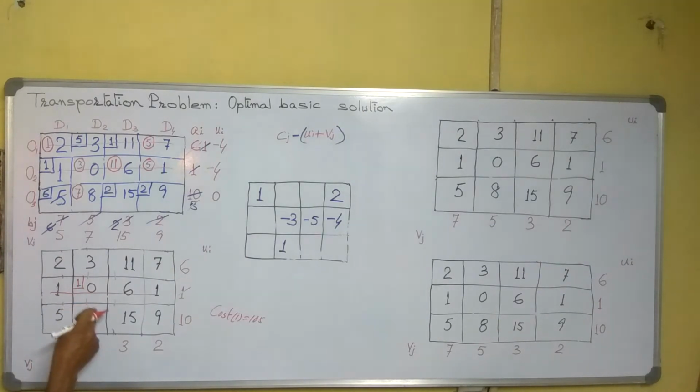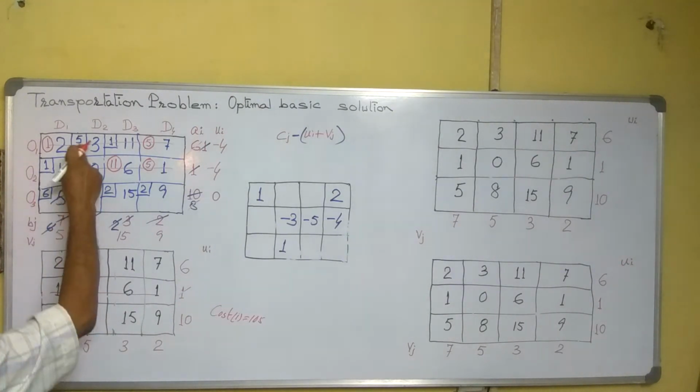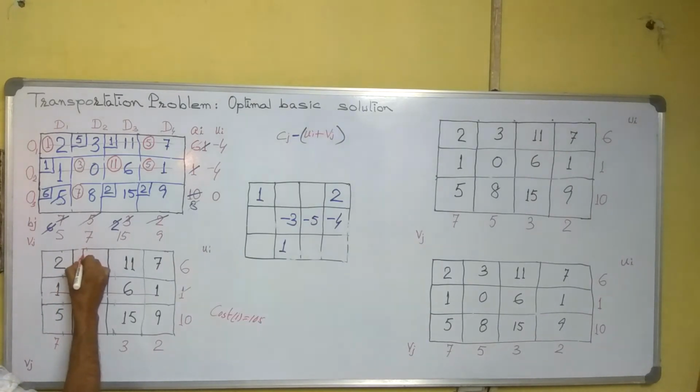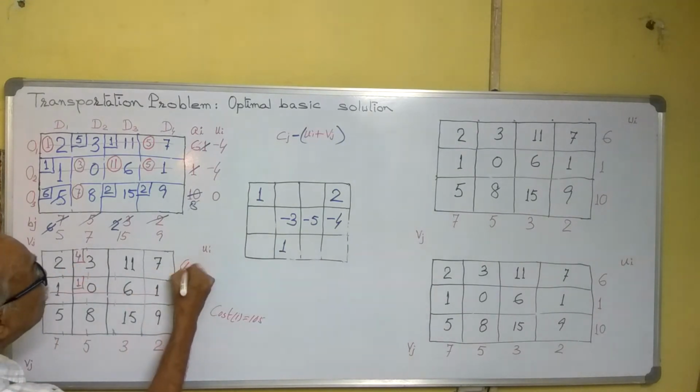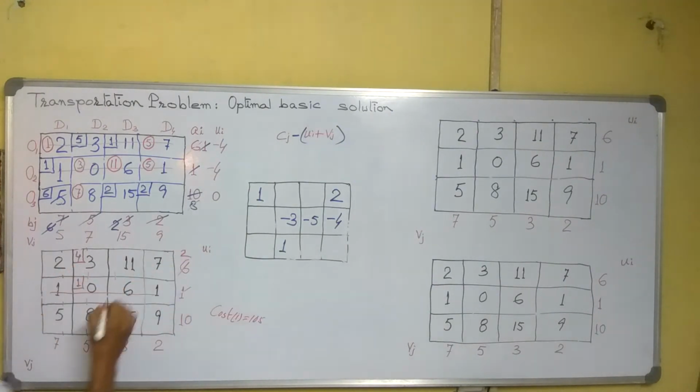So since 1 is there and 5 is here, instead of 5 we have to allot 4, such that 4 and 1 it is becoming 5. Since 4 you are allotting, it becomes 2.